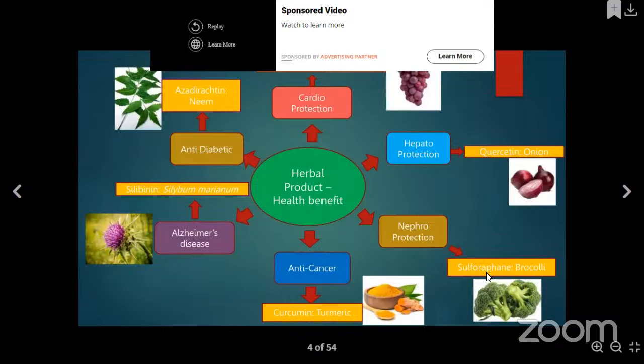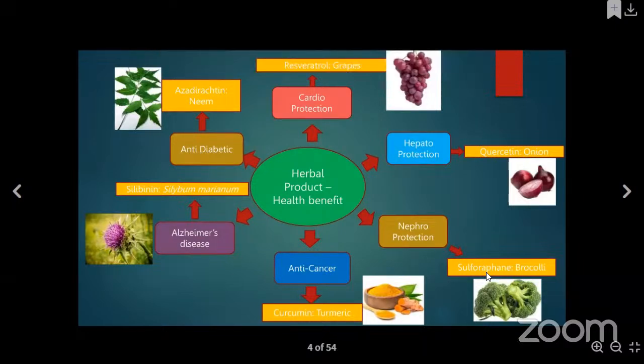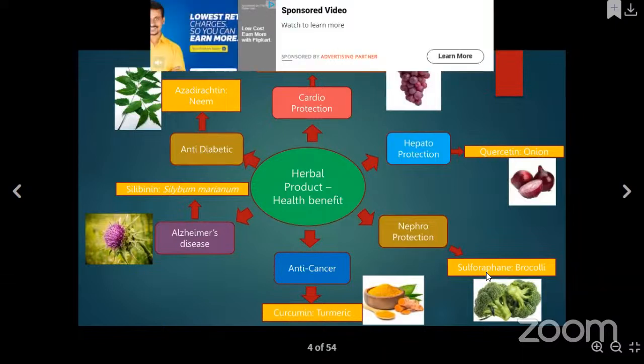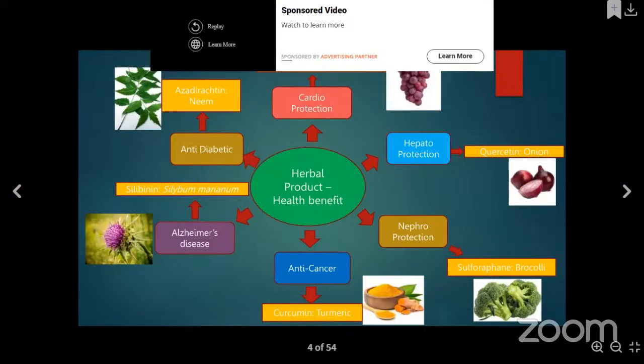Which helps in the purification process. If you eat this broccoli, it will help in keeping your kidney healthy. So you know onion, right? This is hepatoprotection. Hepato refers to hepatocytes, which means liver cells. So that will protect your liver and keep your liver healthy.